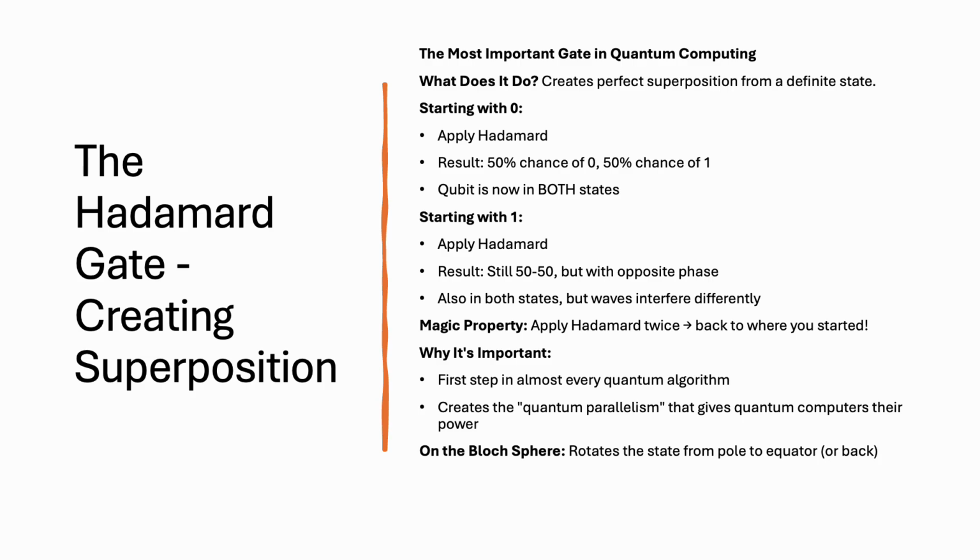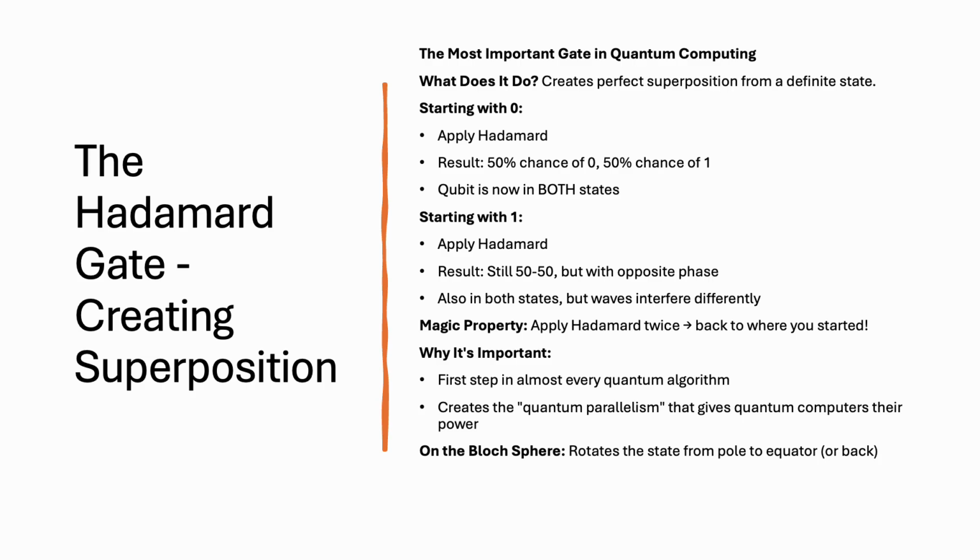On a Bloch sphere, the Hadamard gate rotates states from the poles, definite 0 or 1, to the equator, superposition, or vice versa. More technically, it is a combination of rotations that swaps the computational basis with the superposition basis. The Hadamard gate is how we unlock quantum parallelism.